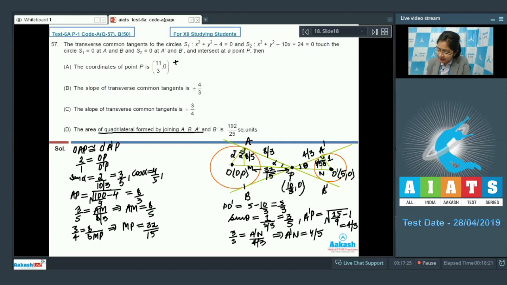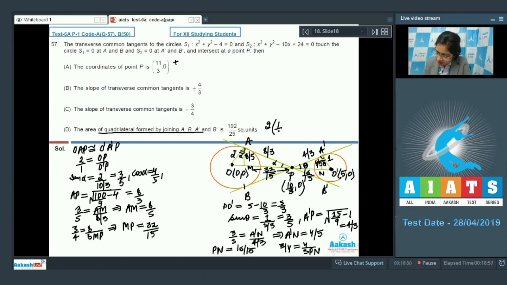Now let's find the value of PN, that is tan theta will be equal to 3 by 4 equal to 4 by 5 upon PN. So the value of PN will be equal to 4 by 5 into 4 by 3, that is 16 upon 15. This is the value of PN, 16 upon 15. So we can find the area of quadrilateral ABA'B' equal to 2 times area of the trapezium A'NMA.